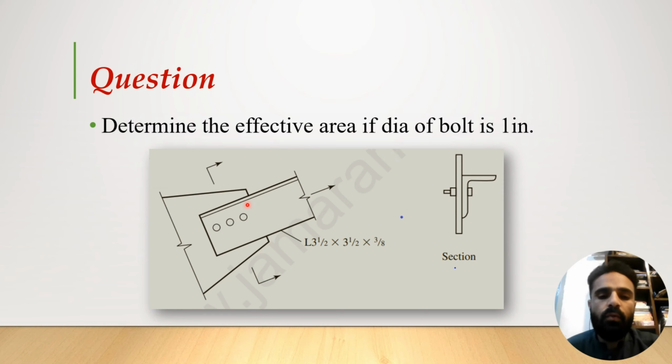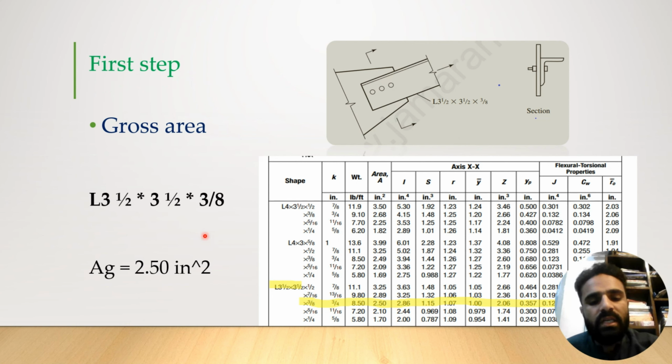From the gross area we will find the net area, and then we will get U. So the first step is to find the gross area for this member. For this we will be using the steel manual table, where the dimensions of the angle sections are given.